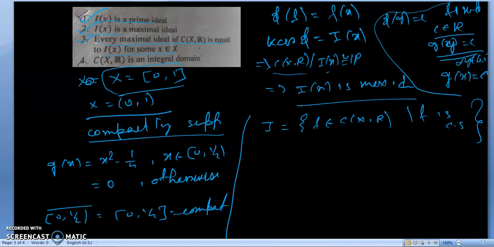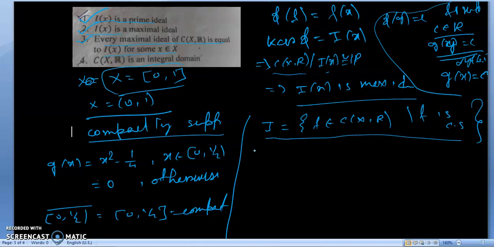Option 3 will be true only if any ideal J is always contained in some I_x. But we have an ideal J, and we can easily show that this J is not contained in any ideal I_x.